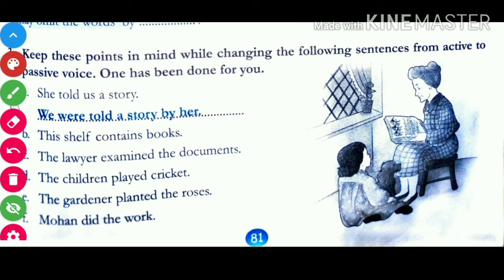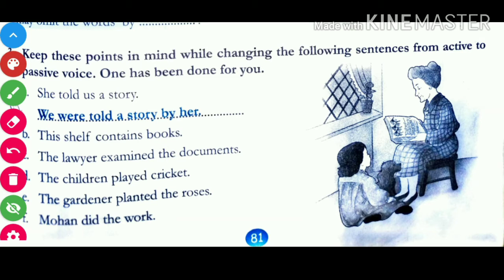Come to the next sentence. This shelf contains books. So over here you can have two kinds of passive sentences. It can be like books are kept in this shelf, or books are contained in this shelf.